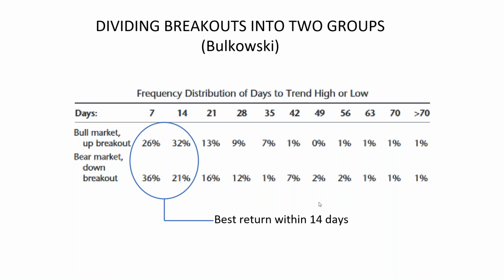and one of them is a breakout trade. Bulkowski did a little bit of work on this, and this is a very broad generalization, but basically a breakout trade is something that trades above the last 20 days, or something that trades below the last 20 days in a bear market, that type of thing. Your best returns are found within the first 7 to 14 days.